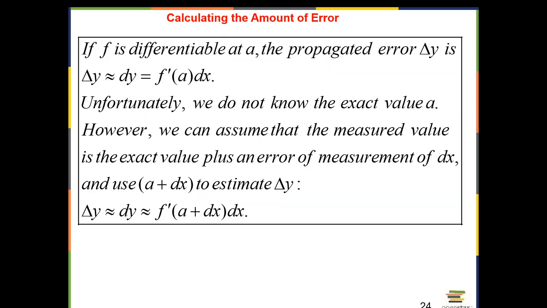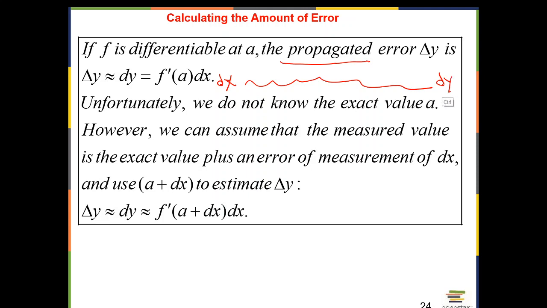All right, so now the amount of error. If f is differentiable at a, the propagated error delta y is given approximately by dy. Now, what does propagated mean? It means that when you have a system and you have a bunch of formulas in the system, when your input is off by dx, this input goes inside these formulas and comes out as dy.